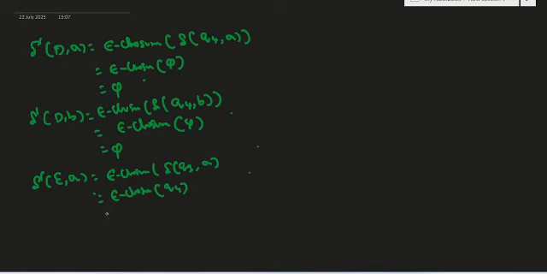So epsilon closure for Q4 is nothing but we already have an answer called D. Now the final one, let us see delta dash of E comma B. Now epsilon closure of delta of Q3 comma B. B cannot be applied in Q3, so pi. So epsilon closure for pi is equal to pi itself. So we are not getting anything.